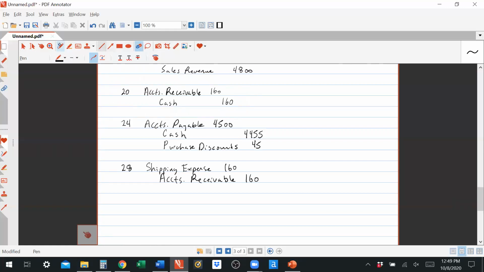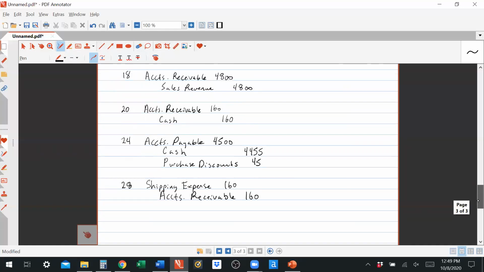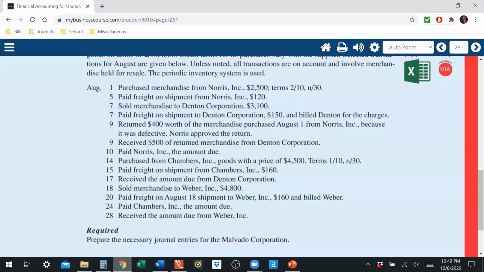And also they're paying what they owe for the items that we shipped them. What do they owe for those items? Originally $4,800. And it didn't say that Weber returned anything to us. With Denton earlier, Denton was our first customer.